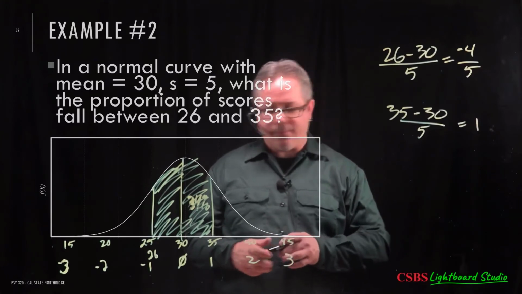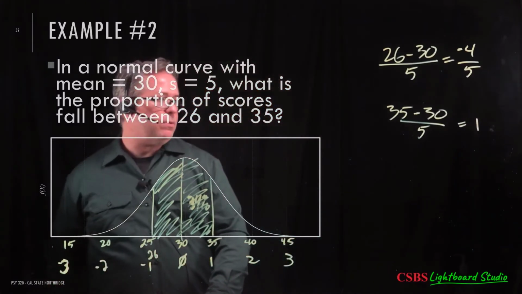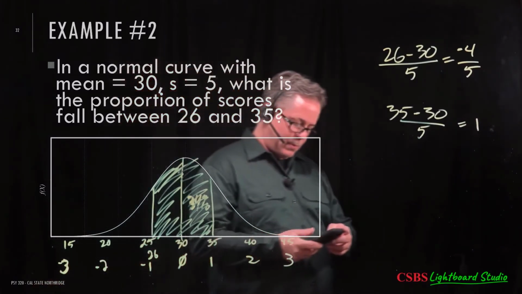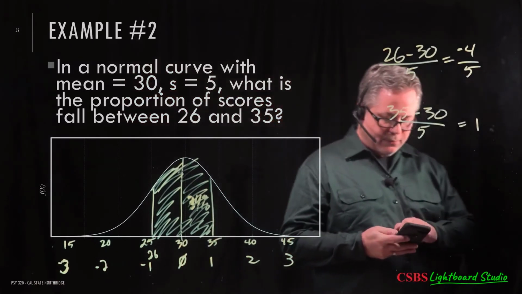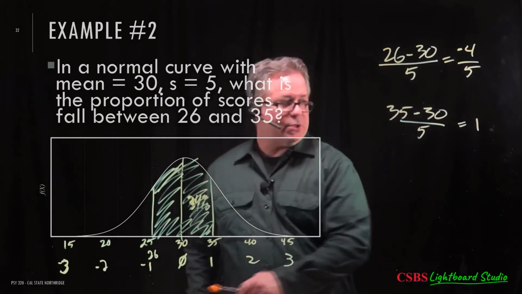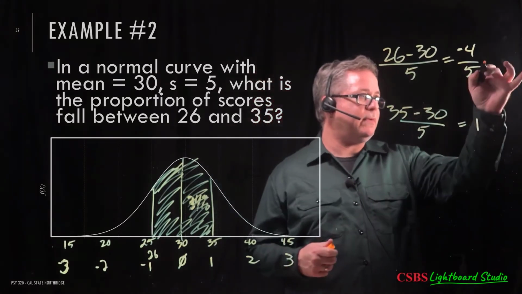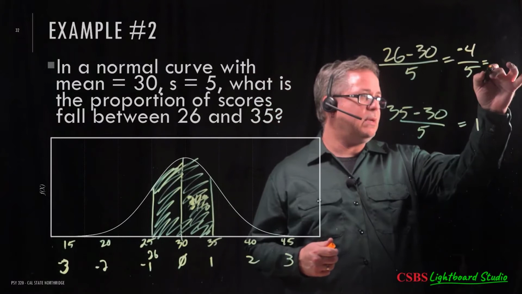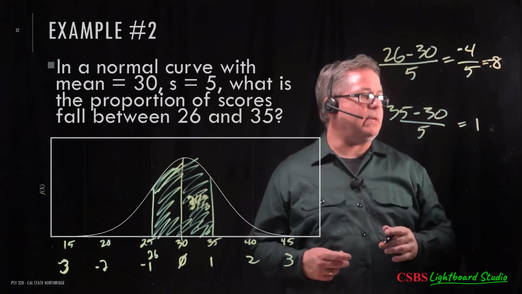So -4 divided by 5. 4 divided by 5 gives me 0.8. So it's a negative, which I can't forget that. So I'm assuming a -0.8. That's my answer.